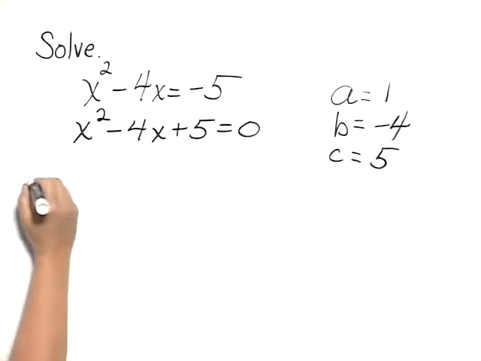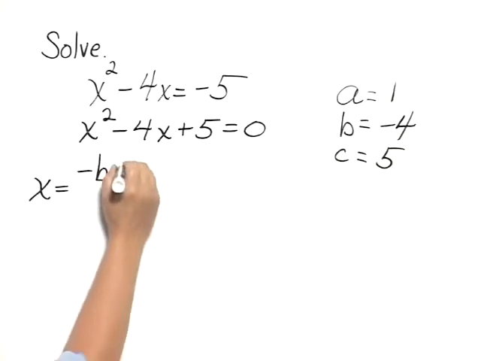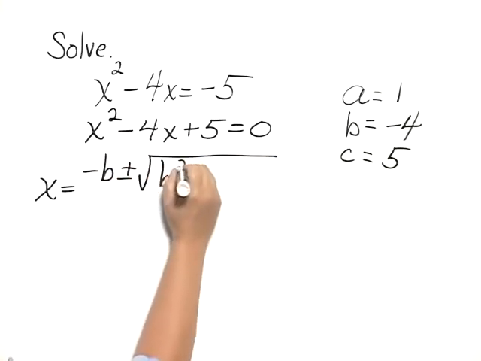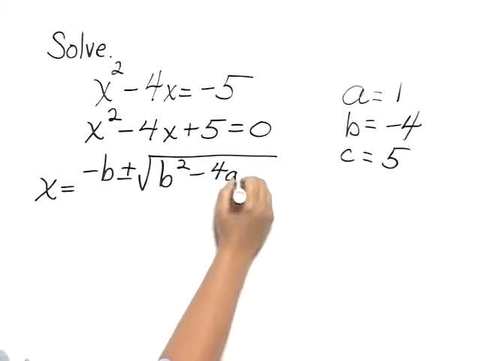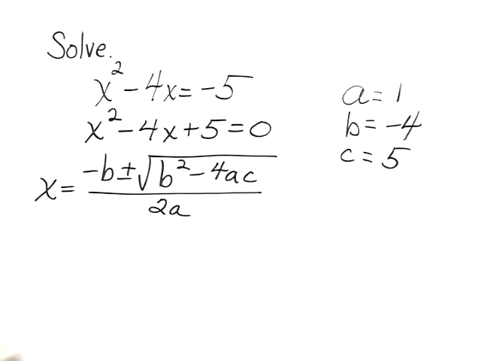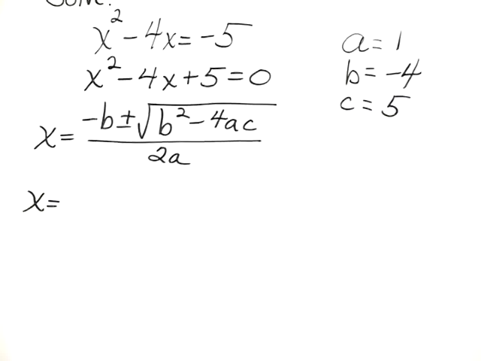Now let's write out the quadratic formula. X equals the opposite of b plus or minus the square root of b squared minus 4 times a times c, all over 2 times a. And when we substitute, we'll substitute carefully, making sure that we keep our negative signs and everything correct.